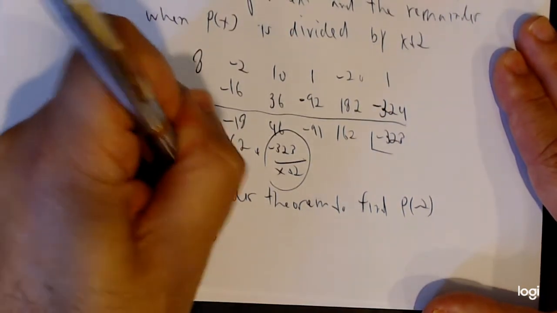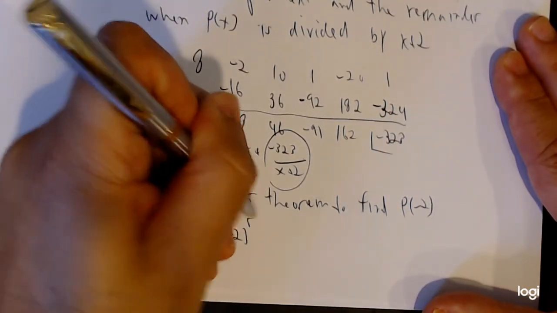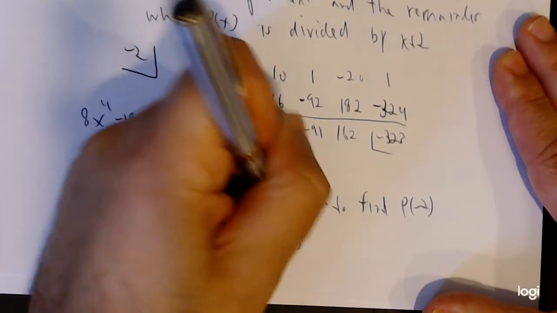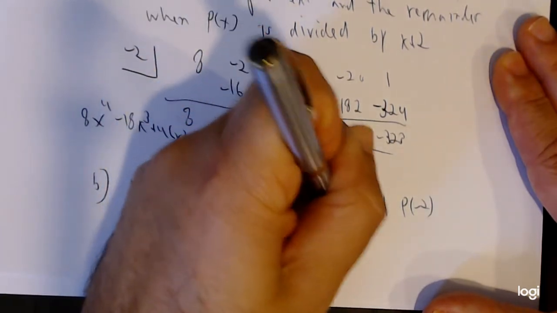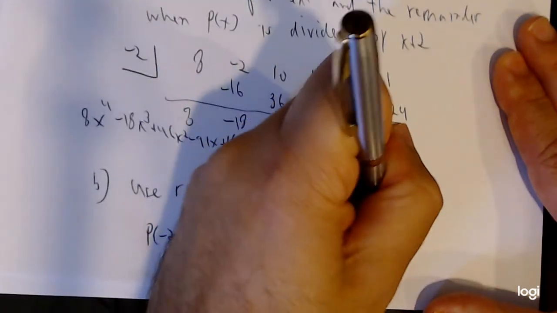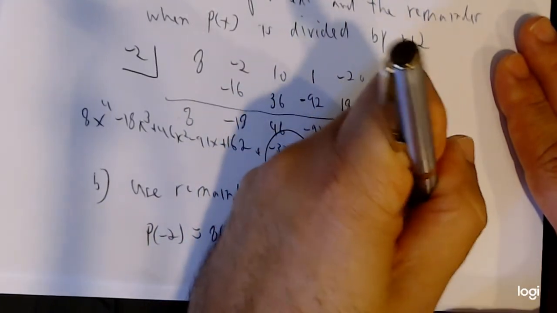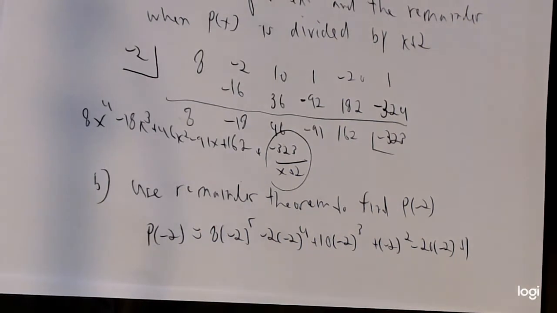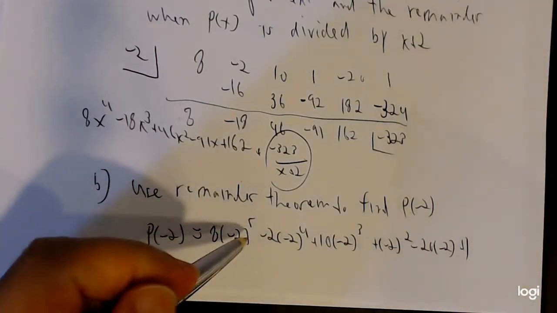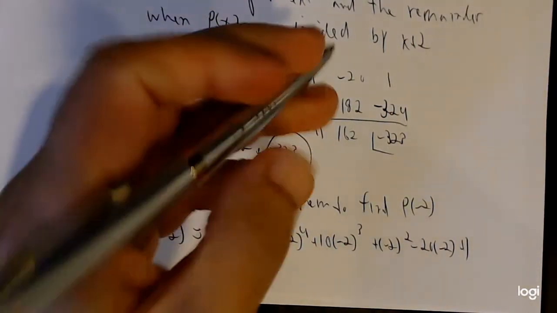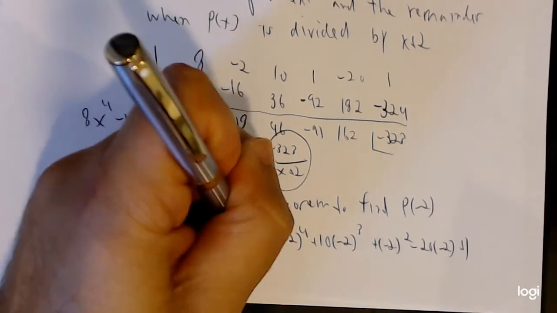So what is this? 8 times -2 to the power of 5 minus 2 times -2 to the power of 4 plus 10 times -2 cubed plus -2 squared minus 20 times -2 plus 1. And I'm going to use a calculator here just real quick to see what happens. So -2 to the power of 5 times 8 is -256.